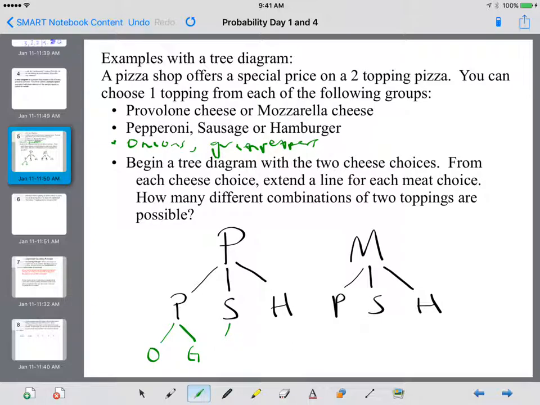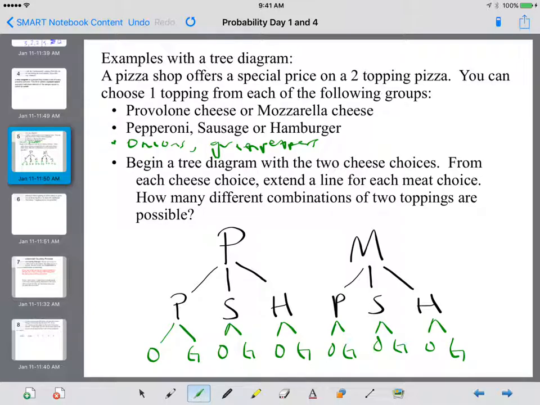Same thing with the sausage. We could go one of 2 routes, onions or green peppers. Onions or green peppers. And now we're up to 6 choices total. We're going to do the same thing here, onions or green peppers, and we have a total of 12 combinations if we had chosen from one of those 3 options.